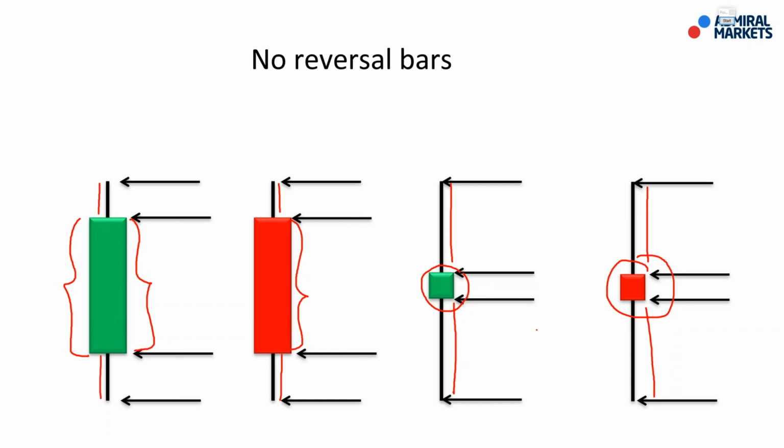So the buyers and sellers are not sure if it will go up or down. That's a doji, from Japanese candlestick theory. That's important, ladies and gentlemen. That's not a reversal bar. Really important, otherwise your setup doesn't work.